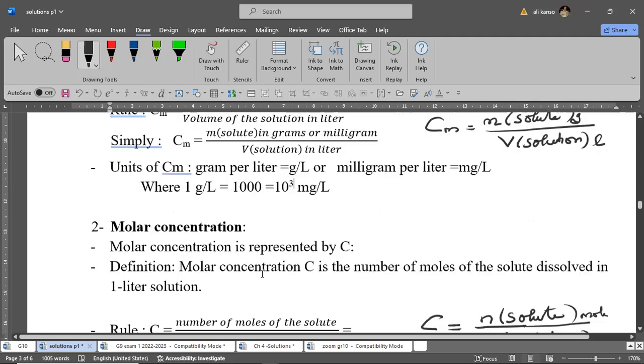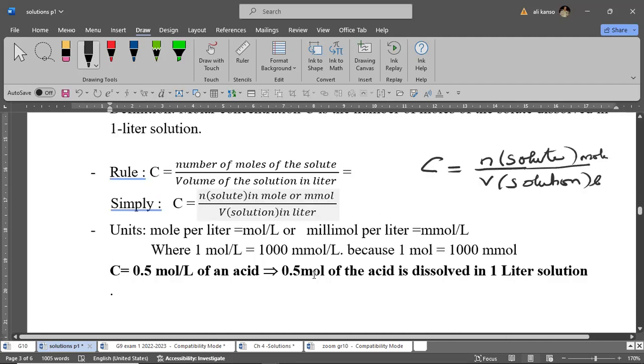The unit of the molar concentration is mole per liter, or it could be millimole per liter. Every 1 mole per liter is 1000 millimole per liter, because 1 mole equals 1000 millimole.